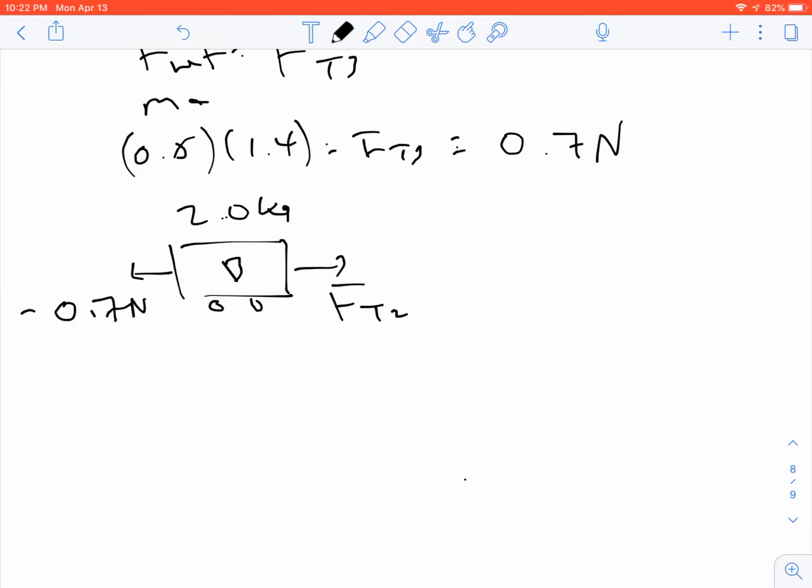Now, if I want to figure out the amount of force in FT2, I can look at the F net statement for B, which is the two forces acting on cart B: tension 2, which I don't know yet, and tension 3, which I know is negative 0.7.